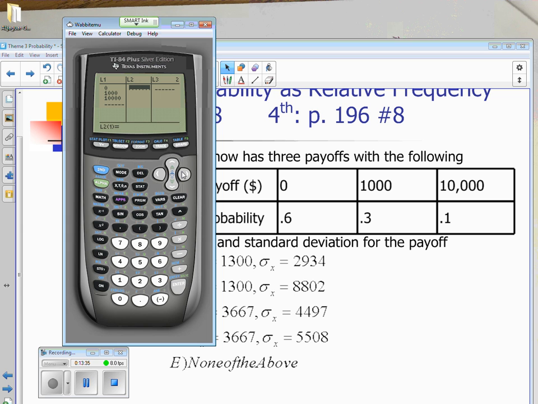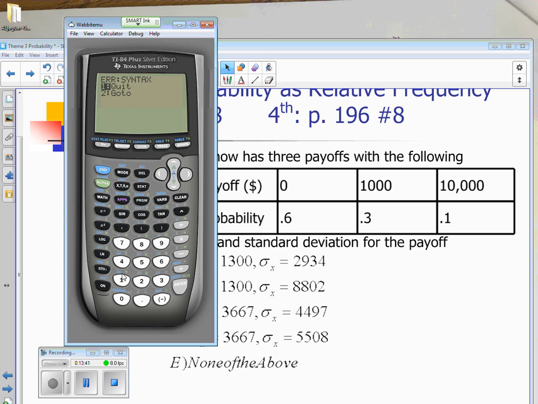And then we can put the probability of each in list 2, 0.6, 0.3, and 0.1. By the way, what should all those probabilities add up to be? 1, and they do, so we know we're in business, okay?